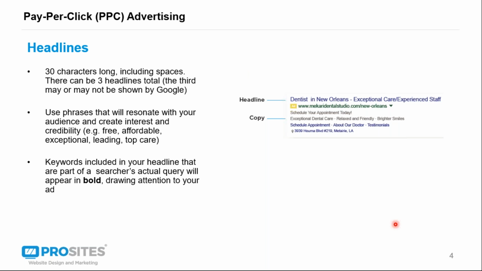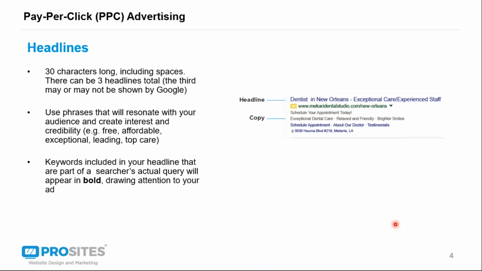Now Google has updated their format, so for the headline, you get 30 characters per headline, and you get 3 headlines per ad, totaling 90 characters. Although with the third headline, Google may or may not show it depending on how they're personalizing results. So you'll want to keep your most important information in the first 2 headlines.